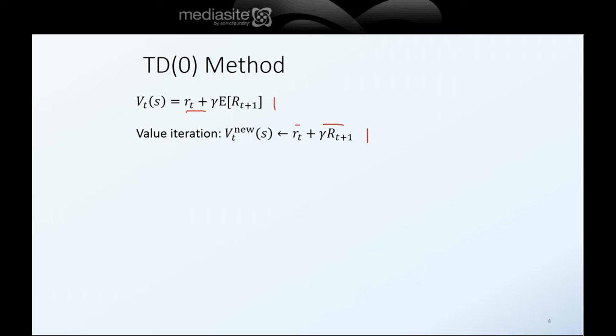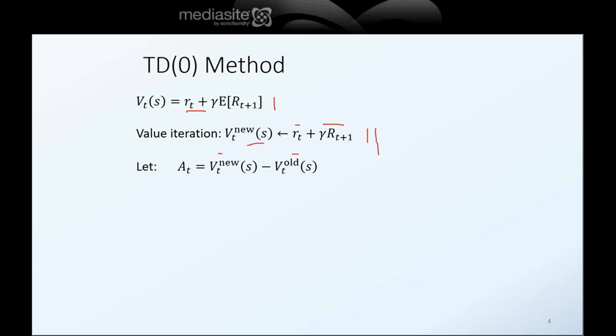But value iteration is not for online learning. So let's define the difference. We had the old value, V old, and we have the new value, V new, and V new is equal to this expression here.